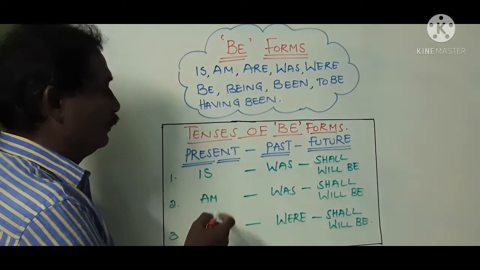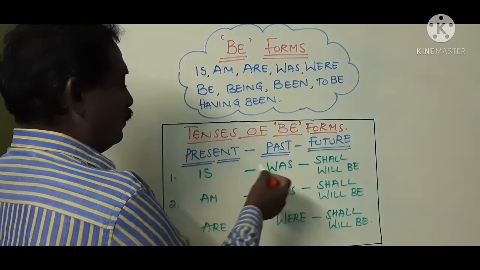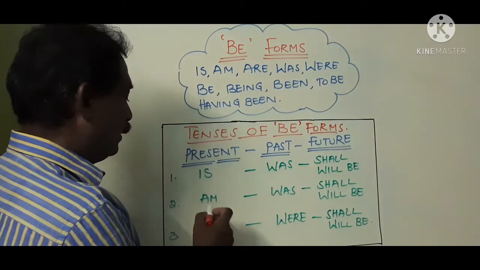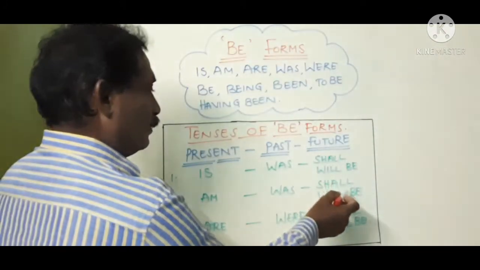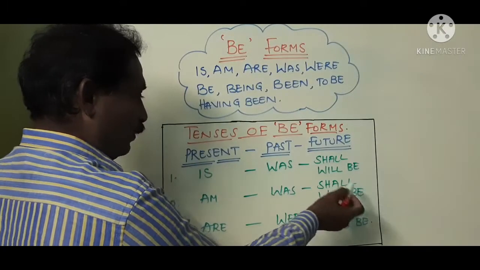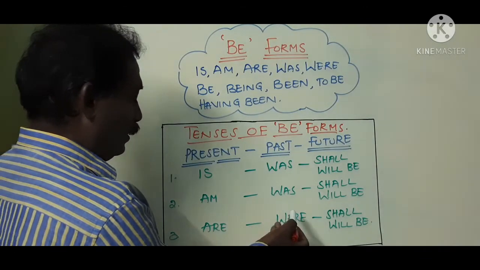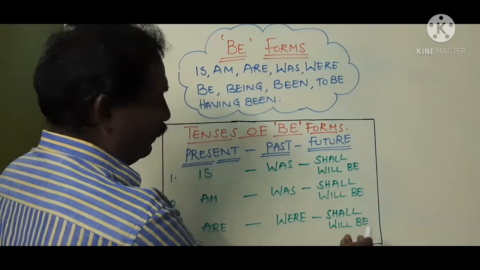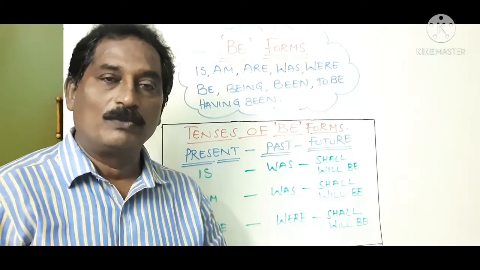Is, am, are are present, and its past tense is was, and future is shall or will be. Am present, was past tense, its future is shall or will be. Or its plural, are becomes were in past, and shall be, will be in future. These help us to form tenses.